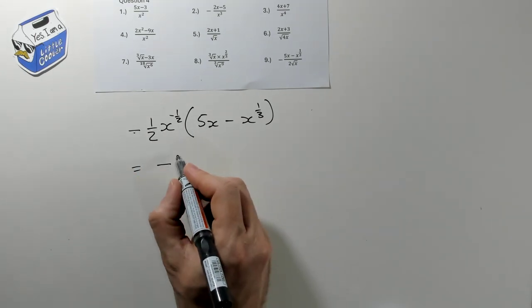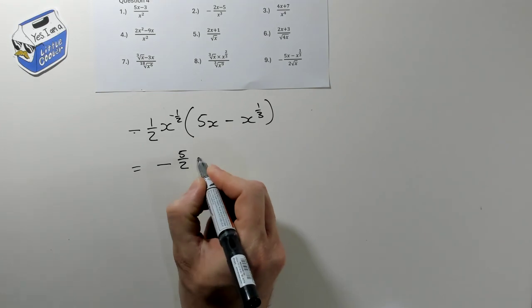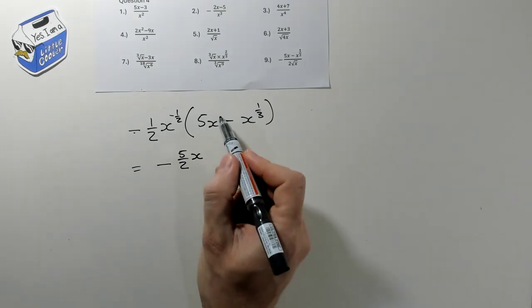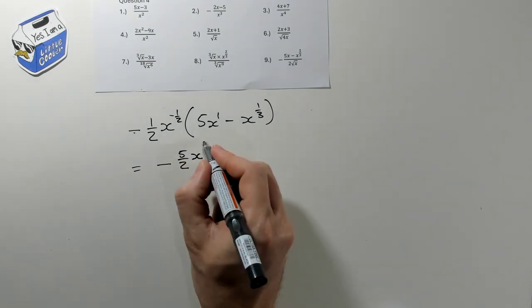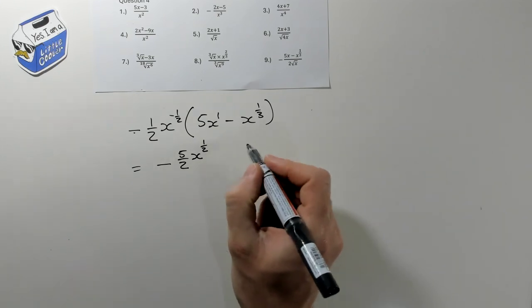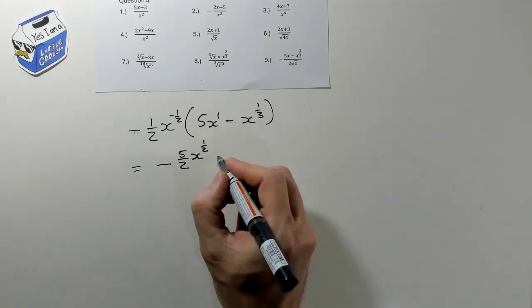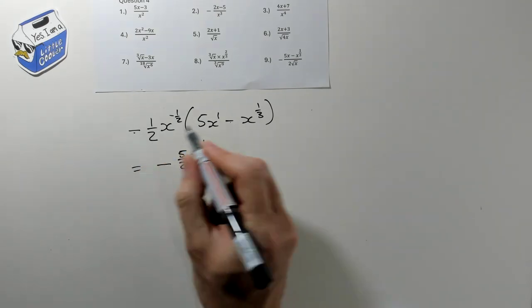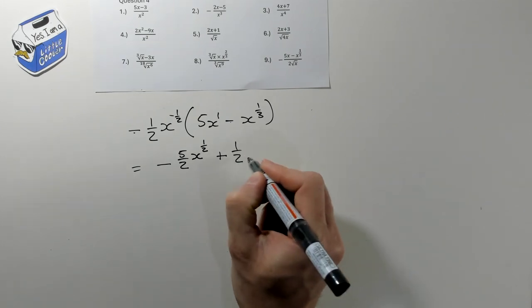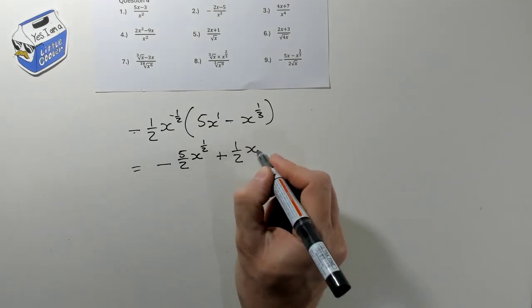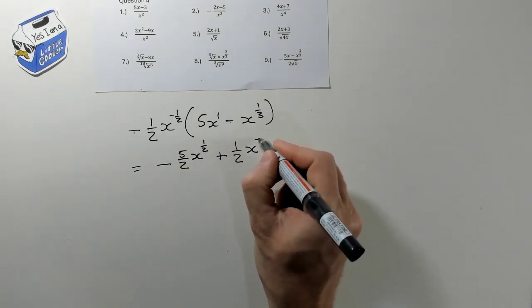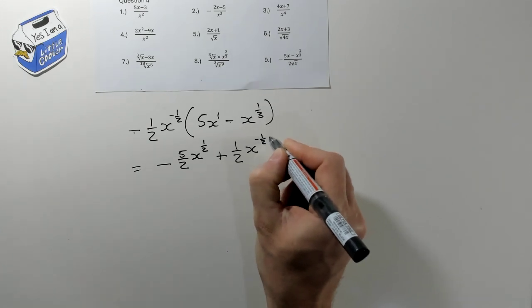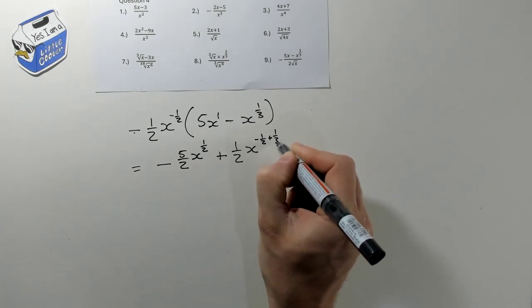And here we go, negative times positive is negative. A half times 5 is just 5 over 2. And I have x, and I have a 1 minus a half, so that would just be a half. And then negative times negative would give me a positive. A half times 1 is just a half. And then now I have x, but now I have negative a half plus a third.